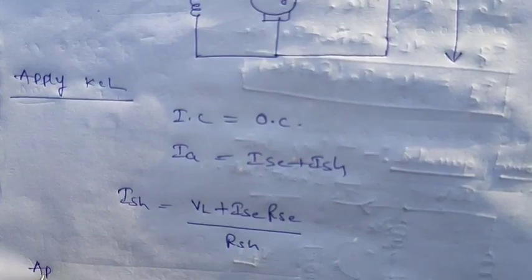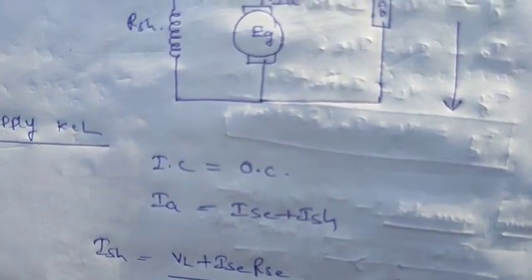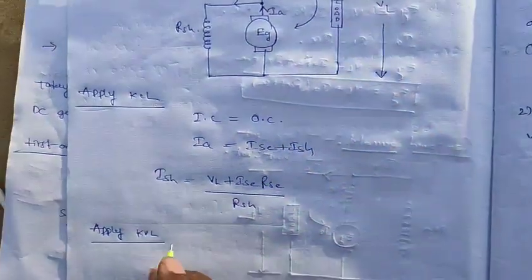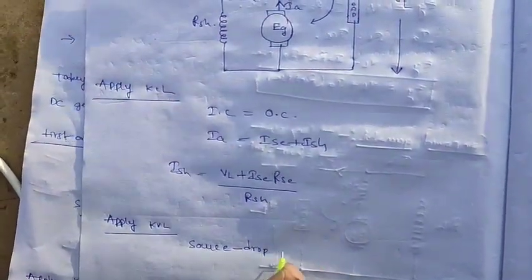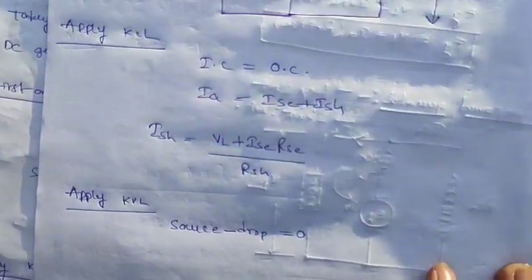Apply KVL. That is source minus drop equal to 0.